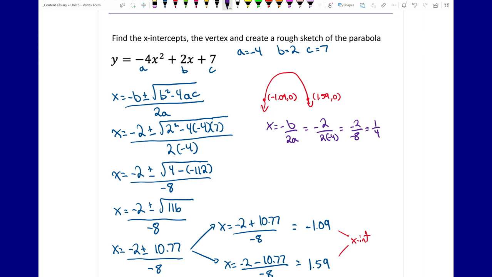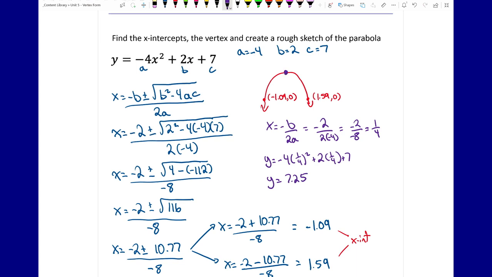Now that I have my x value, I can plug that back into my equation to find the y. So y equals, I'm going to use the same equation, negative 4 times 1 over 4 squared plus 2 times 1 over 4 plus 7. If I enter all of that into my calculator, I end up with 7.25.